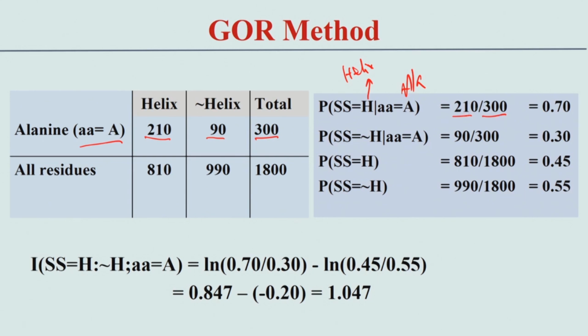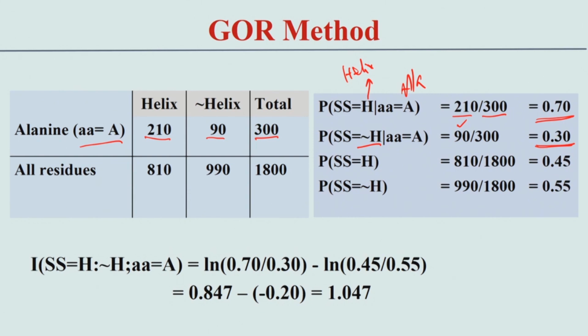So, you can calculate the ratio, this will be 0.7. Then you can see the same residue alanine which is not in helix, this is the negation. How many alanines are not in helix? 90. So, 90 divided by the total 300 residues. So, here you can calculate the probability of alanine not in helix, that is 0.3.